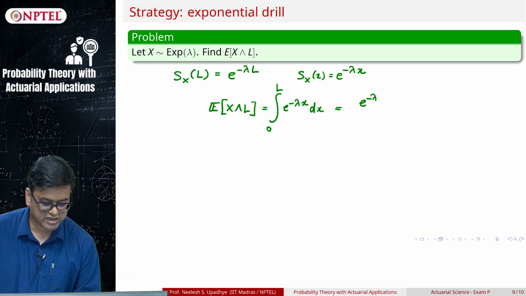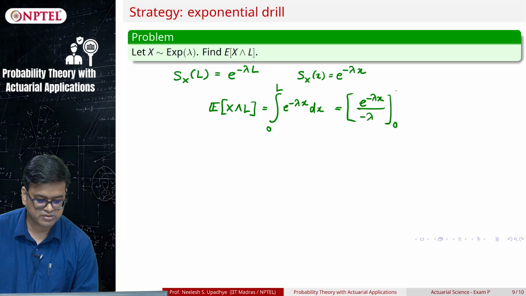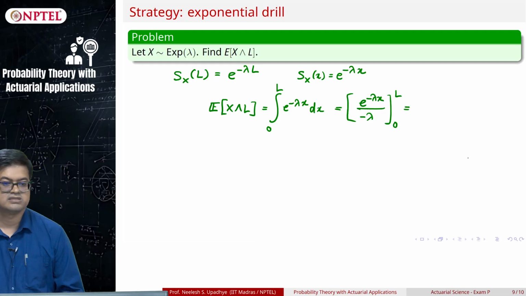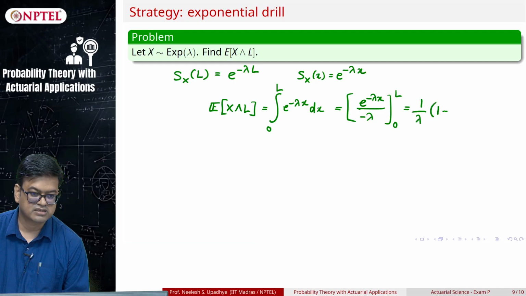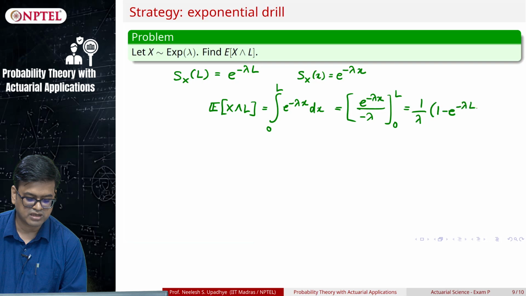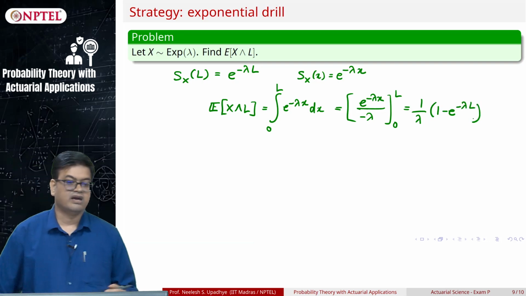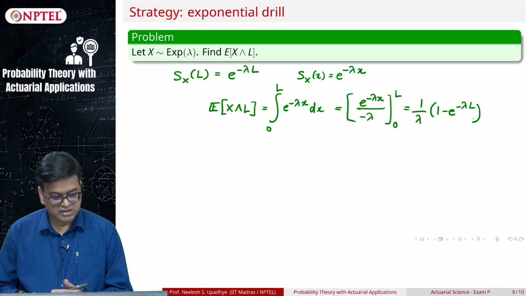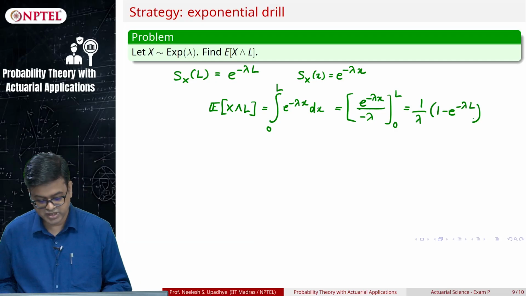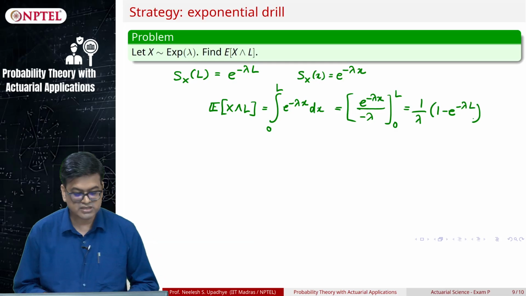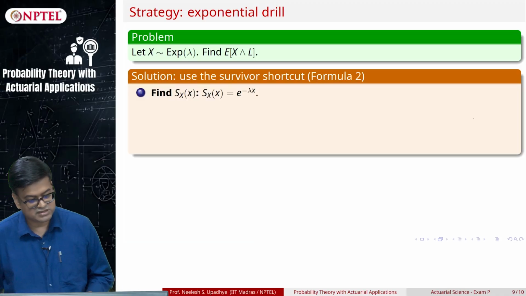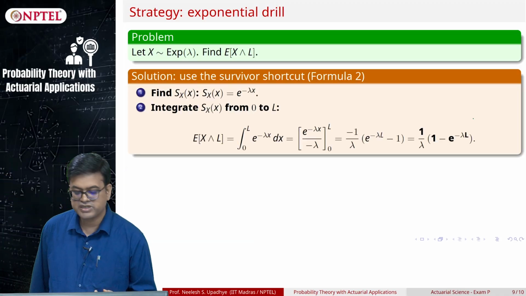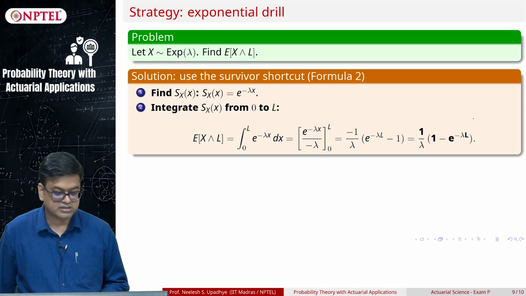So, it is e raised to minus lambda x divided by minus lambda evaluated from 0 to L. When I evaluate this, the 1 by lambda is thrown out, the minus sign takes care of the sign, and I get 1 minus e raised to minus lambda L, correct, and that is my answer. It is so easy, in just 2 steps you are getting the answer. What are the steps that I have done? First, I know from memory that Sx of x is this, and I apply this to integrate from 0 to L, and I got my answer.